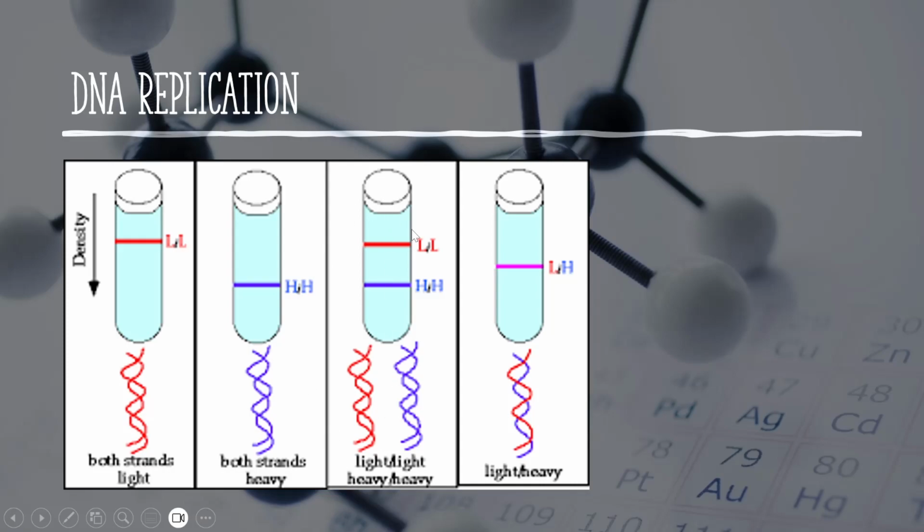It's a mixture of light and heavy, so it's in the middle between both. So this is how they discovered one half of it is old and one half of it is new, because one strand would have one nitrogen isotope, and the other strand would have the other nitrogen isotope.